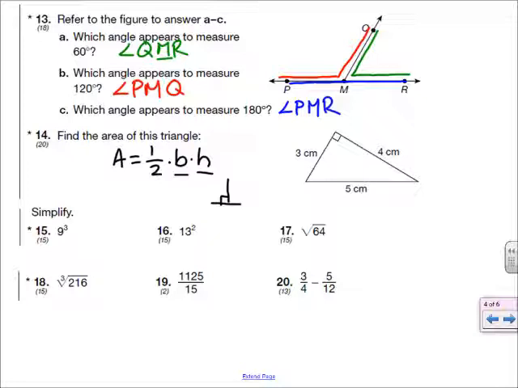In this triangle, conveniently, it's a right triangle, so our base and our height are already in the triangle because we see the perpendicular symbol. So the area for this one is going to be 1/2 times the base, which is 3, times the height, which is 4. 3 times 4 is 12, and then half of that is 6. And since this is area, it's units squared.